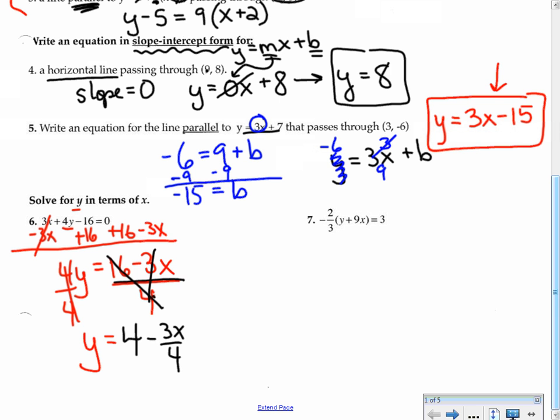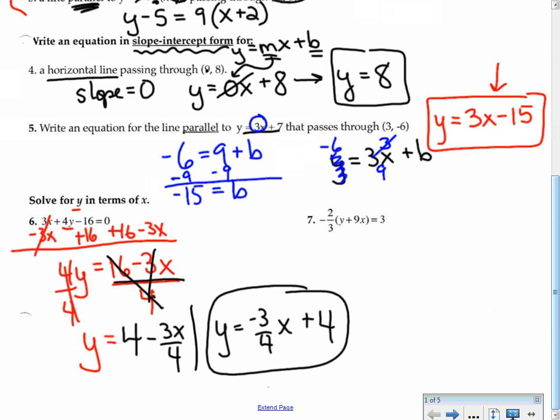You can write it like that, or we can switch the order of them, and you can have the x look a little outside of the fraction. That's also fine. They're all equivalent. But you have a y equals, and you have an expression on the right-hand side.